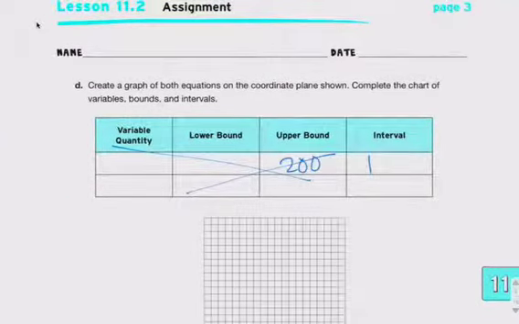So knowing that, I can count by 10, 20, 30, 40, 50, 60, 70, 80, 90. Yeah, by 10. Okay, so this is gallons of water in tanks, by the gallon.